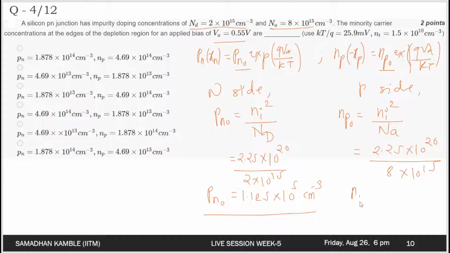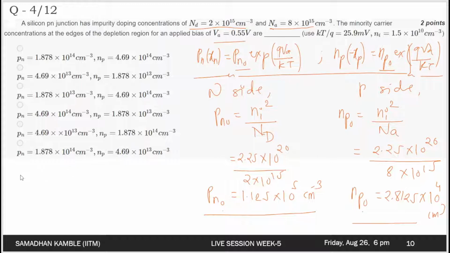So NP naught is simply 2.8125 times 10 to the power 4 per centimeter cube. Now we can substitute the values of NP naught and Pn naught in these equations.